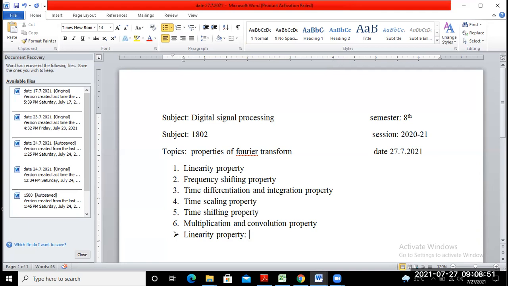That means the sum of the individual Fourier transforms is equal to the Fourier transform of the sum. Okay, so let's represent this one.